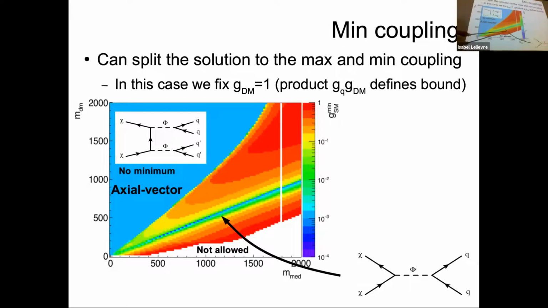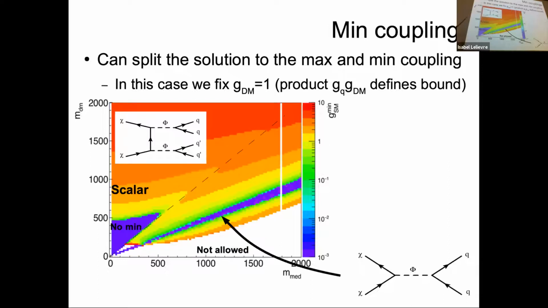Depending on the model and the final state that you're looking at, people like to draw lines from these plots. Here's the scalar version, so it looks a little different. You actually have a region here off shell where you have a large minimum coupling, right? And just the scale is different, so you have couplings greater than 1 here.